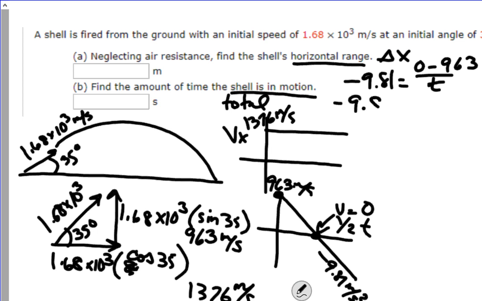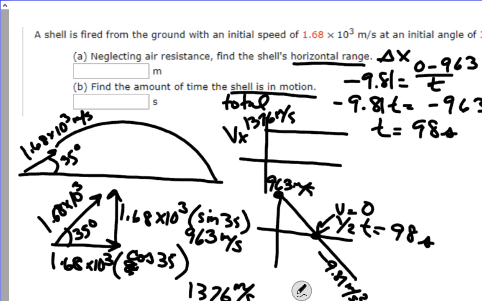That's why I'm hesitating here, because I can't see the numbers that I actually wrote down. Okay, this is going to give us time, and in this case, let's see, 963 divided by 9.81 is about 98 seconds in the air. I am rounding. Please remember, we don't round all that much. Let's face it, that's 98 seconds here.